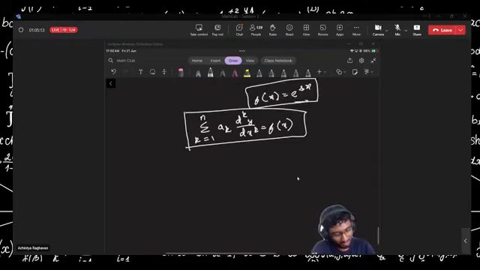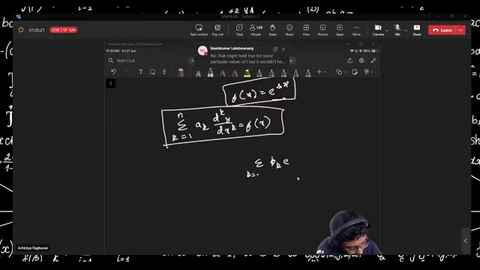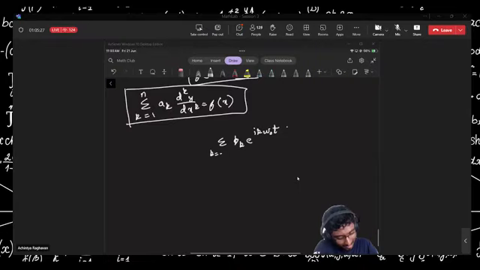So let's make it a little bit more general, and let's look at a series, let's say, b_k e power i k omega, and I'm going to write k ranging from minus infinity to infinity. I'll explain this. So we're going to look at this thing.